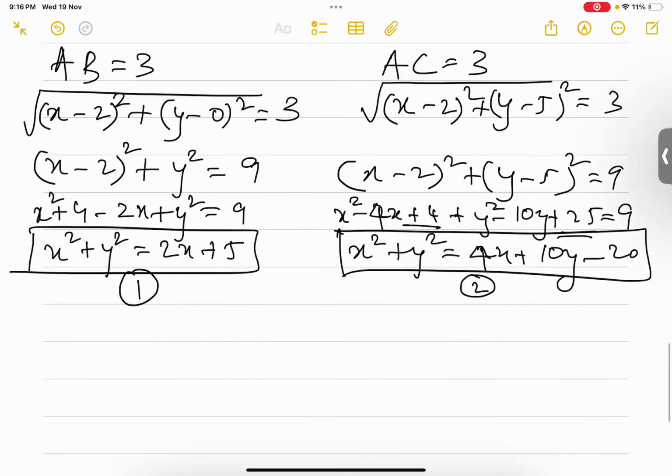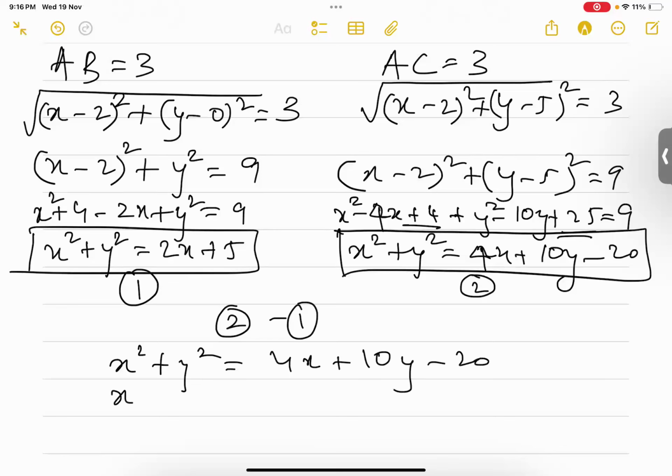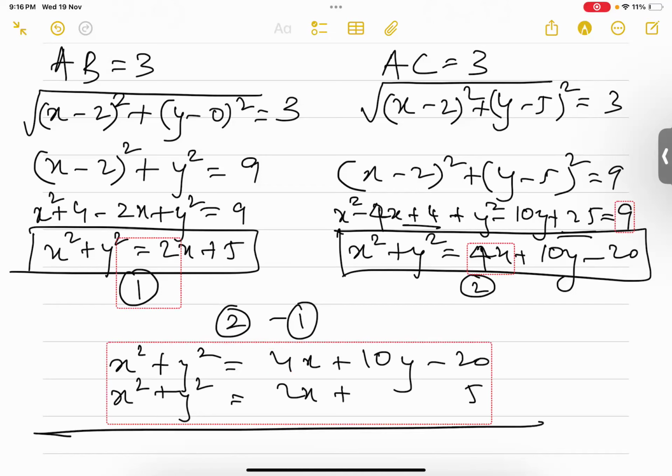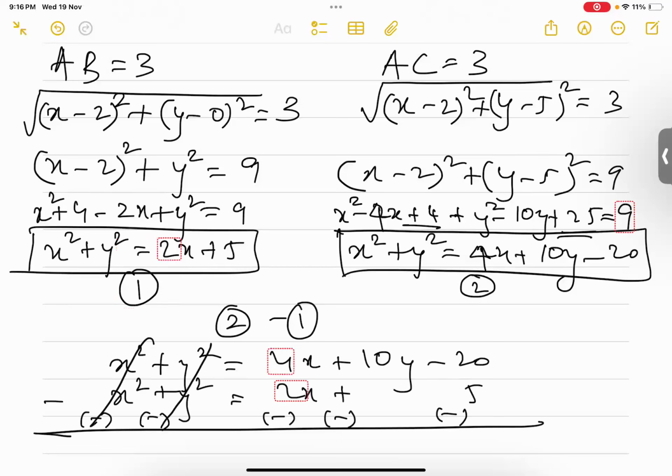Now again we'll do the same thing that we did in the previous problem: equation 2 minus equation 1. So x square plus y square is equal to 4x plus 10y minus 20, and x square plus y square is equal to 2x plus 5. Subtract. This and this is gone.